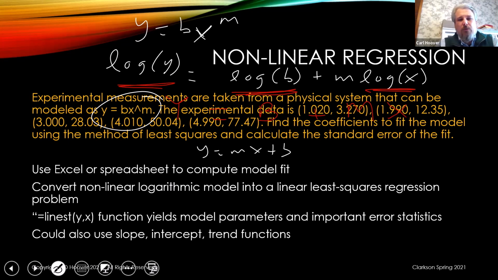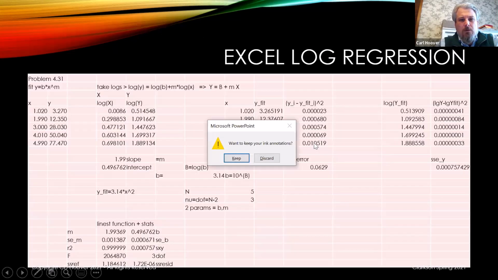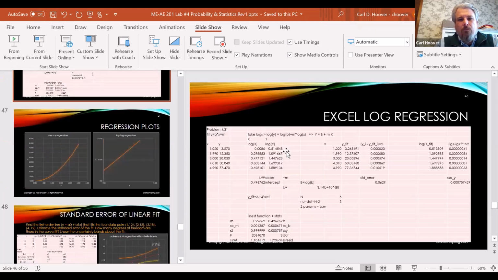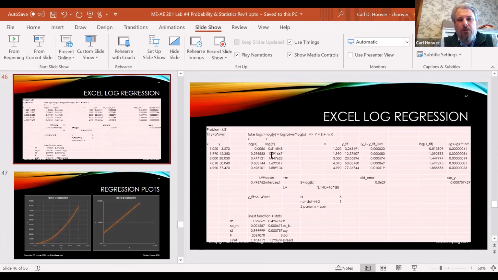And I'll do that in the spreadsheet. So in the spreadsheet, what we're going to do is we have the values for x and for y, 1.0 all the way to 4.99.